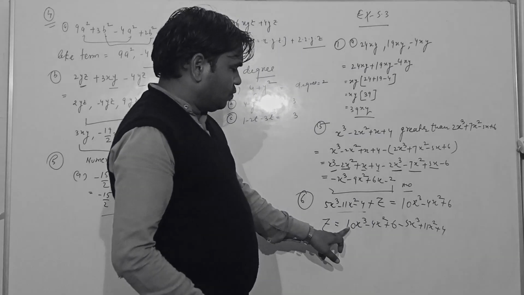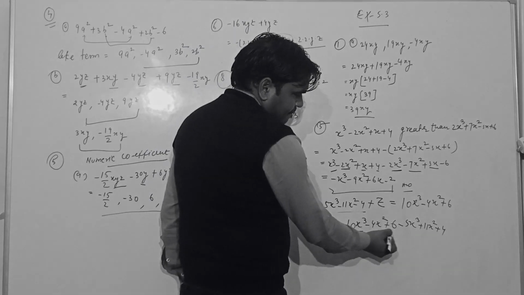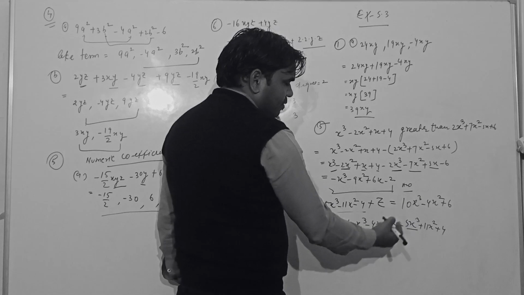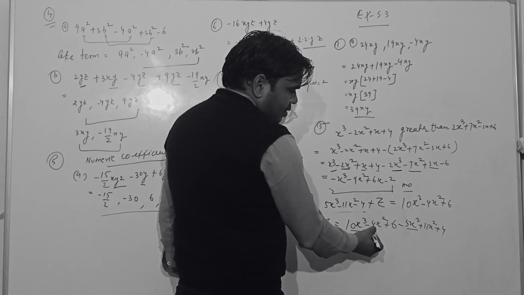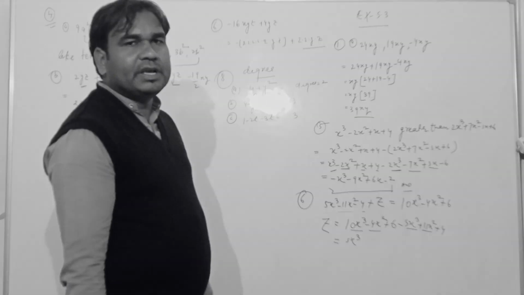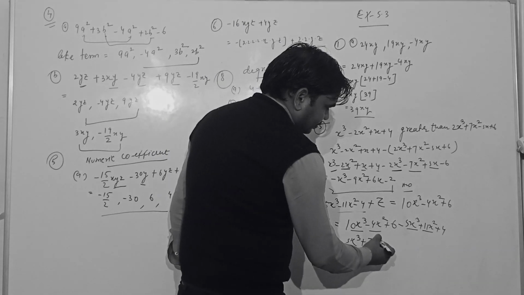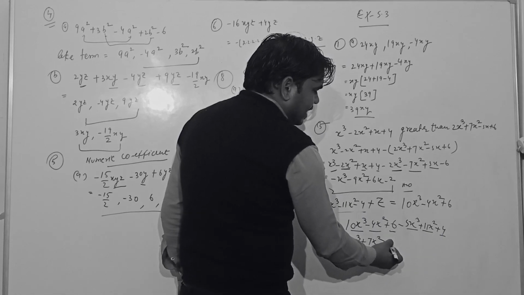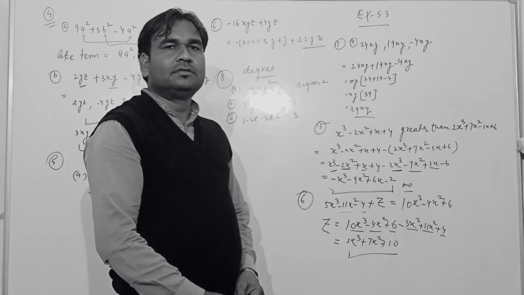So you can see the same variable here, x to power 3, and here. So we got here 5x cube minus 4x square, and here 11x square, it means to say 7x square. Here 6, and this is 4, we can write this 10. So this is the expression.